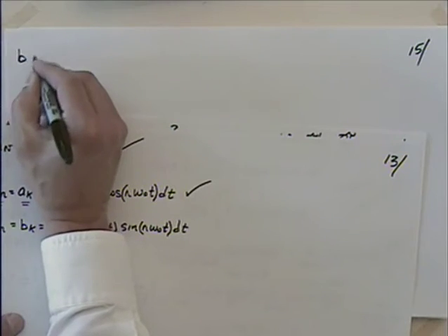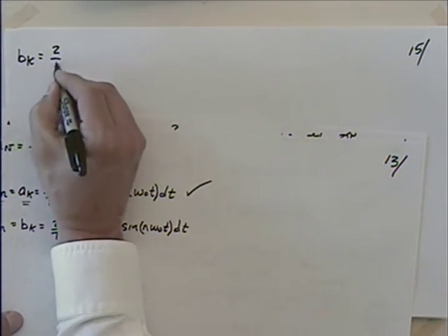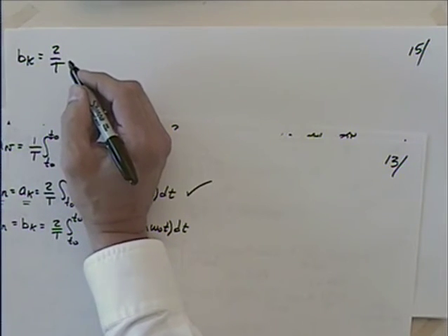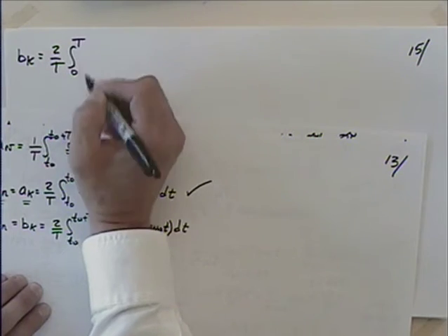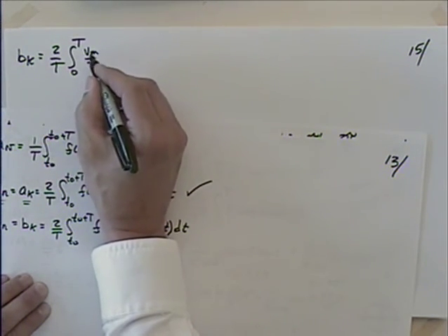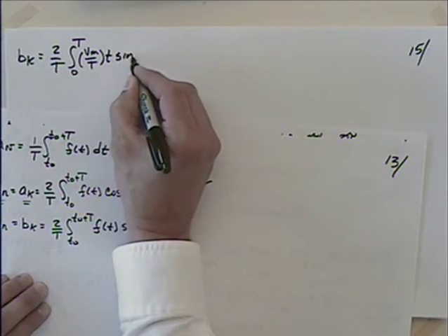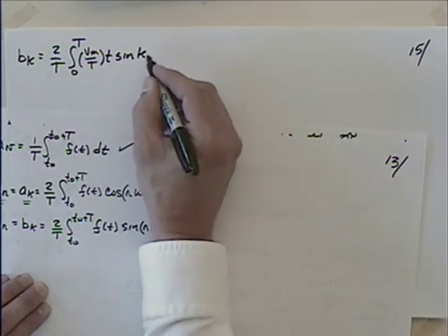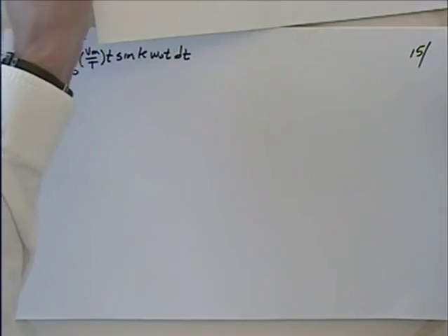We can say that b sub k is equal to 2 over T times the integral from 0 to T of V sub m over T times the sine of k omega naught t dt. So that's b sub k.